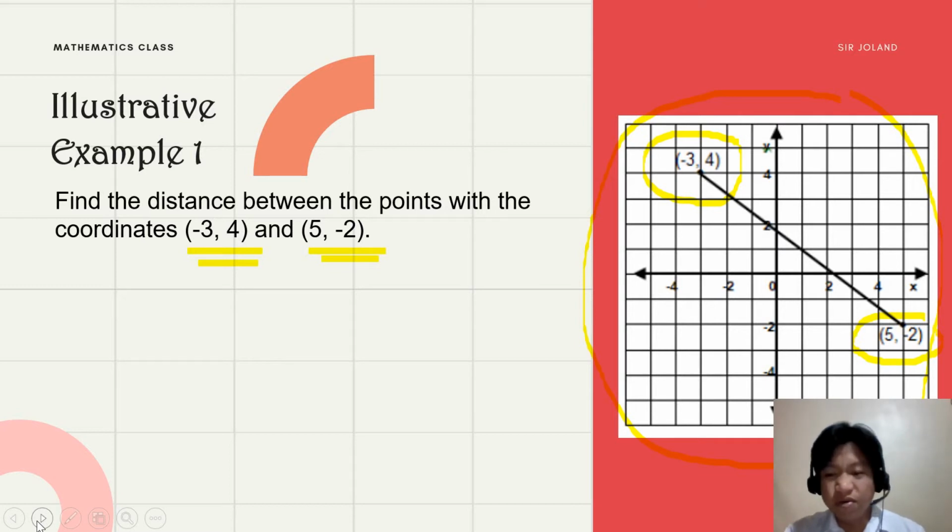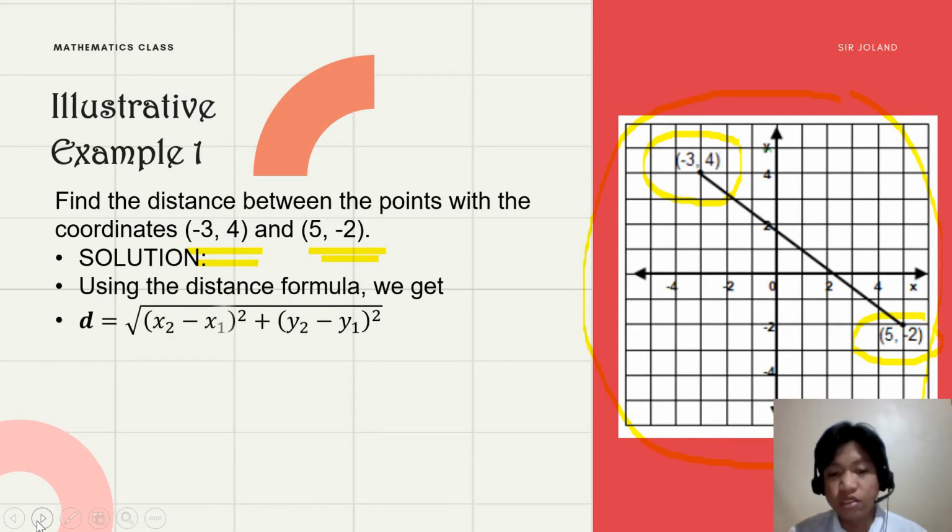Okay, now, how are you going to find the distance between those points? So, hindi naman kailangan gamitin mo pa ng ruler yan, no? So, we can solve that by using the formula na diniscuss natin kanina. Okay, for our solution, to get the exact distance between these points, we're going to use the distance formula.